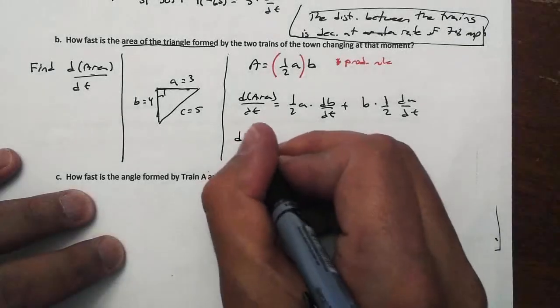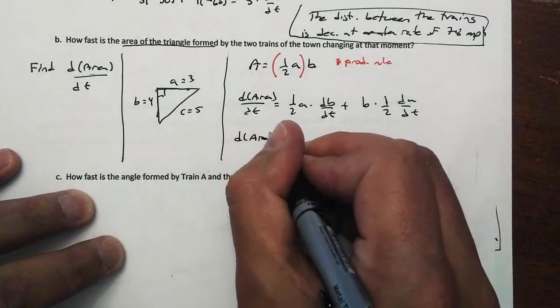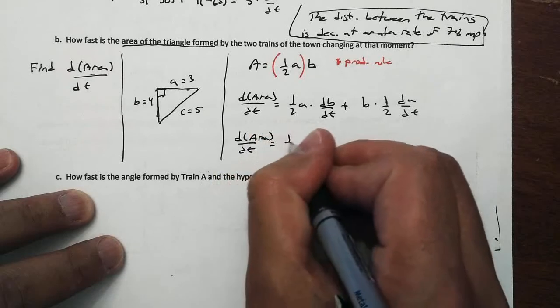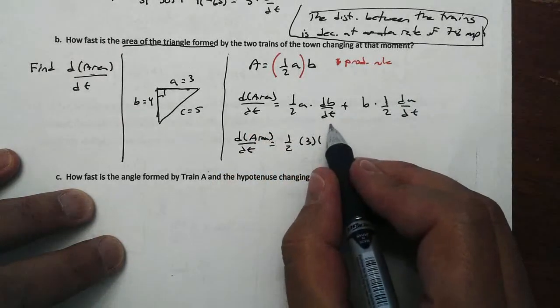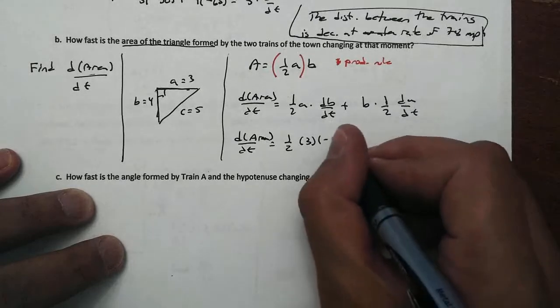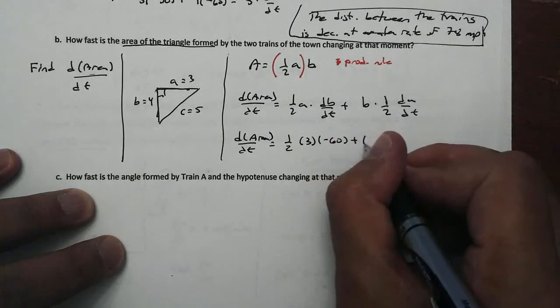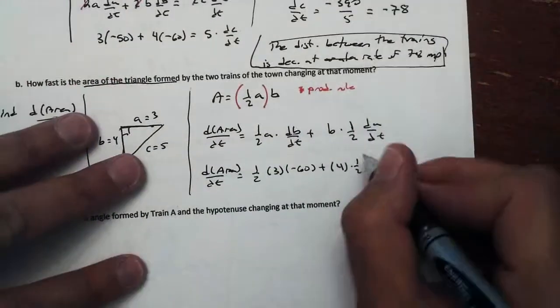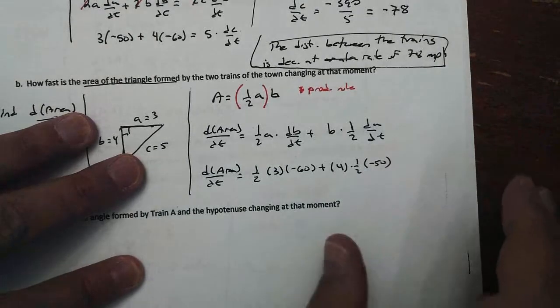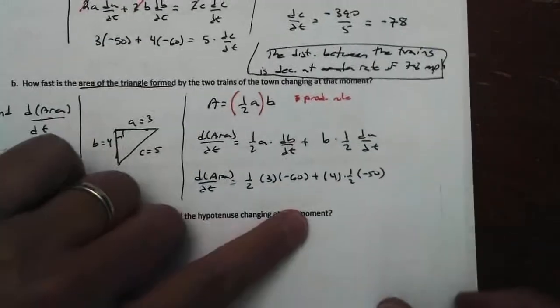And we just plug everything in. The change in area, dA/dt, would equal 1/2 A, which is 3, times dB/dt, which we know is -60, plus B, which is 4, times 1/2 dA/dt, which is -50. So remember, we got dB/dt and dA/dt from up here.